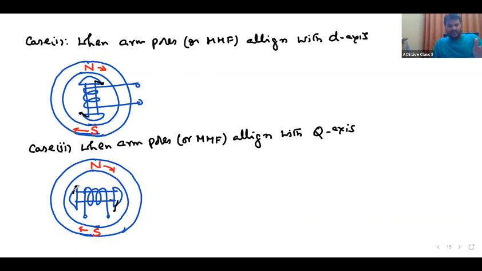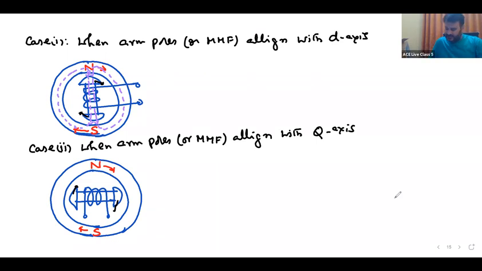Now, case 1: when armature poles align with the direct axis, what is the flux direction? The flux direction is taken from north to south. But this flux is finding minimum reluctance. When reluctance is minimum, what will happen? Flux is constant.